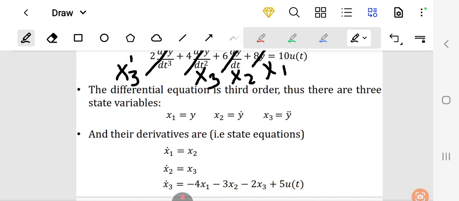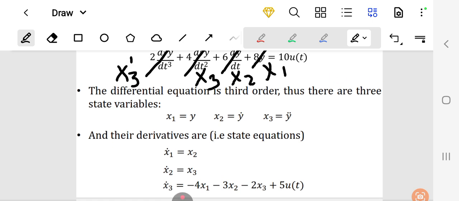The highest order derivative is the last state derivative. Therefore, we have x1 equals y, x2 equals y dot, and x3 equals y double dot. Therefore, x1 dot equals x2, and x2 dot equals x3. For the last equation, we obtain it from the differential equation: we divide the whole equation by 2 and take all the states to the right side.